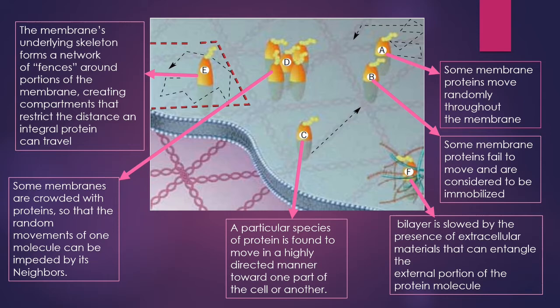This finding suggests that the movement of a transmembrane protein through the bilayer is slowed by the presence of extracellular materials that can entangle the external portion of the protein molecule, as illustrated by protein F.